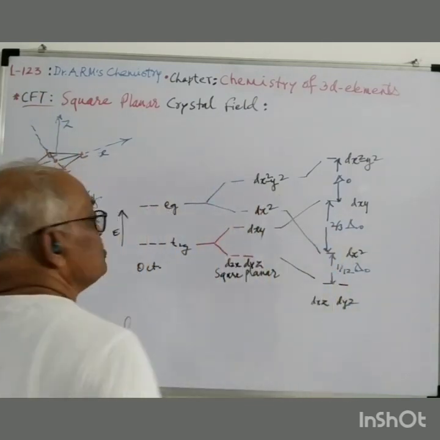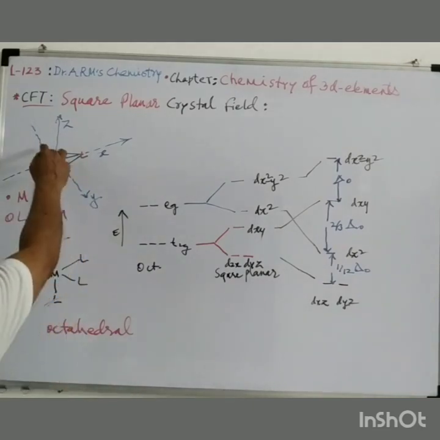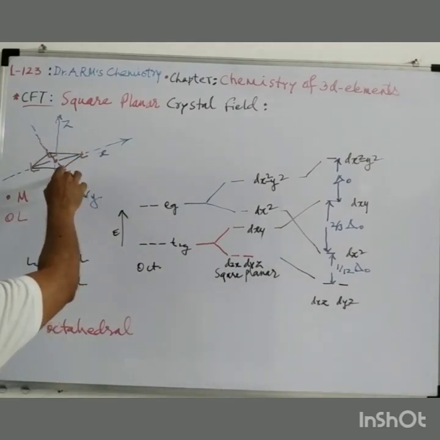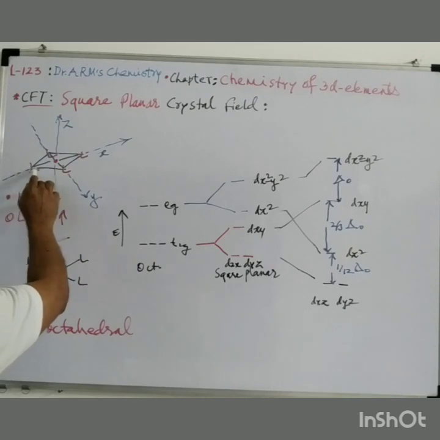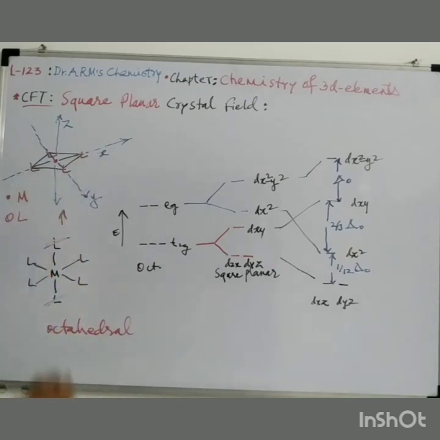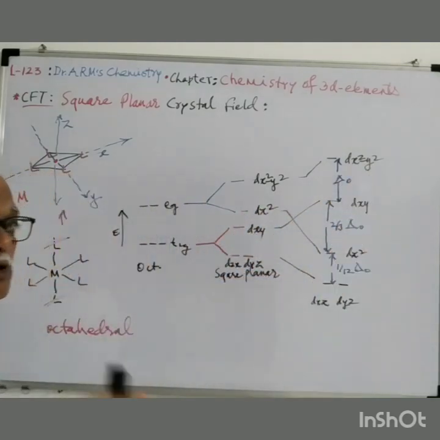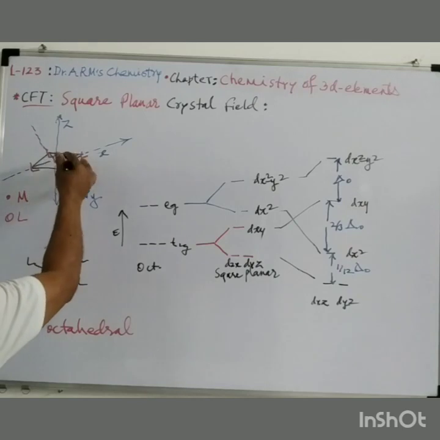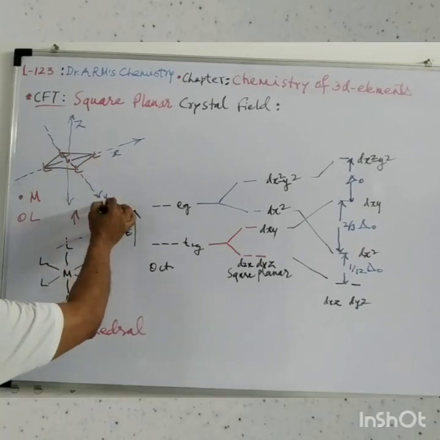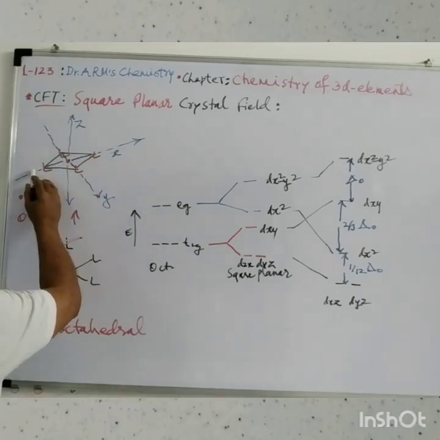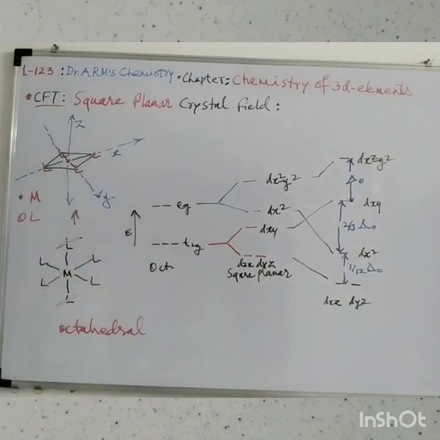The dx2 minus y2 orbital has four lobes. Two lobes are lying in the direction of the y-axis, and two lobes are lying in the direction of the x-axis.